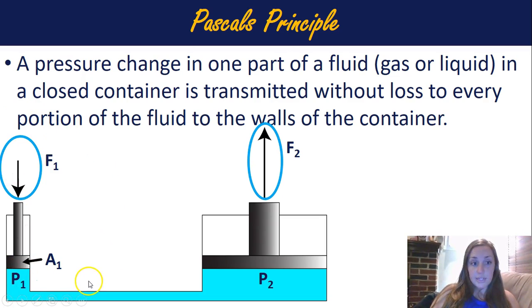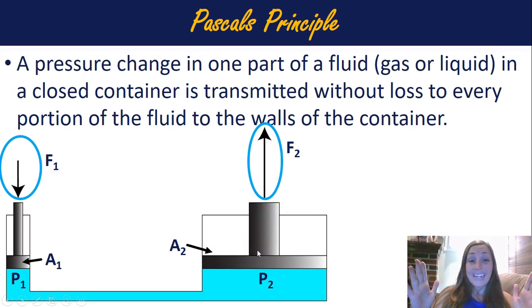So it's all associated together. And then if we look on the right, we also have an area of the piston. So that's how wide that apparatus is on the side that it's exiting. We can also call the one side the input side and the two side the output side, because the force is coming out of the apparatus on the second side.